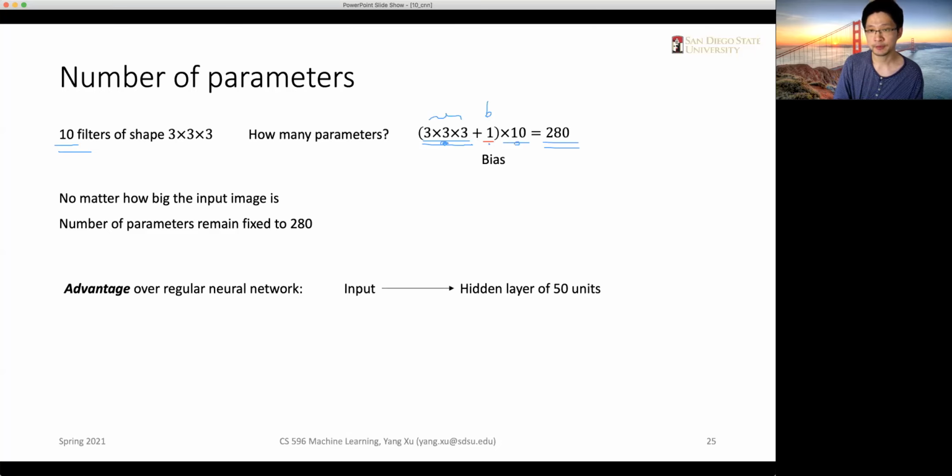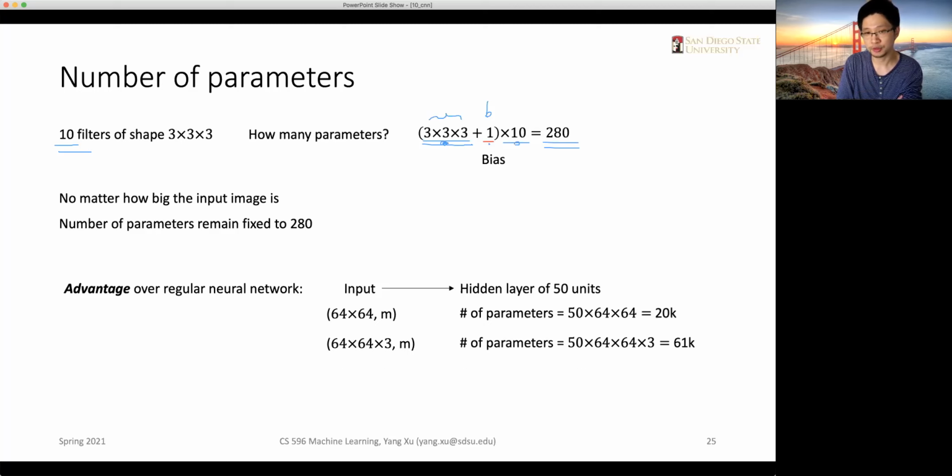Remember in the very first slide of this convolutional neural network lecture, we said that if we use a regular neural network, then the number of parameters is proportional to the number of inputs. If it's just 64 by 64, then it's already 20K of parameters using a regular neural network.